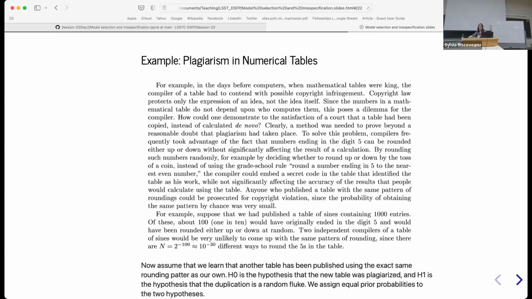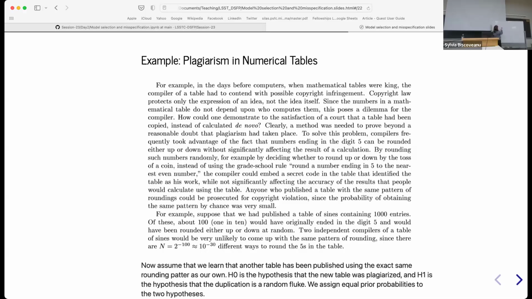Okay, so let's take as an example, we have published a table that has 1,000 elements. And this means that 1 out of every 10 elements is going to end in 5. And so we'll have 100 elements for which we can choose the rounding pattern. This means that we can either round each element up or down.